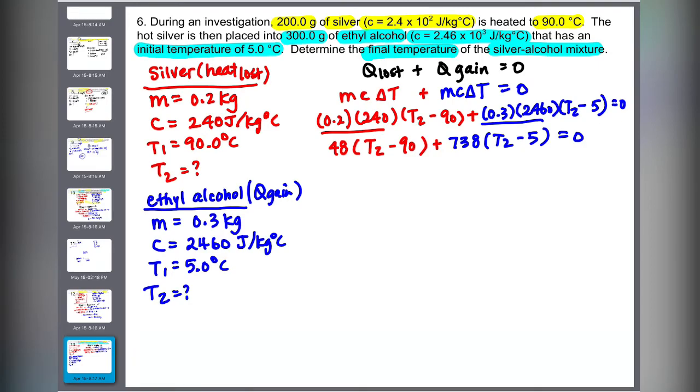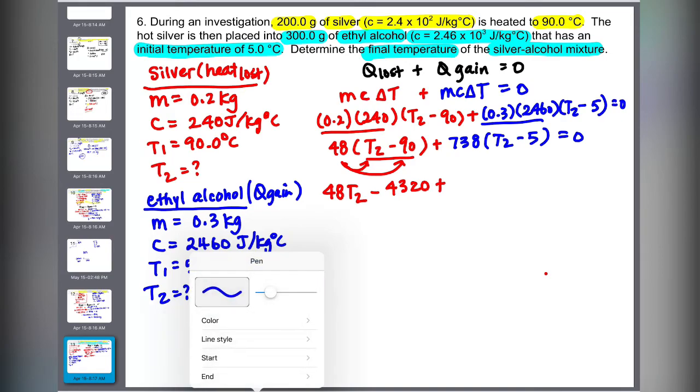And then notice that I have a binomial, meaning I need to take my term on the outside and multiply it in by expanding. So I'm going to take 48 times T2, 48 times 90. So 48 T2. Be careful of your sign. It is a negative. So I have minus 4320.